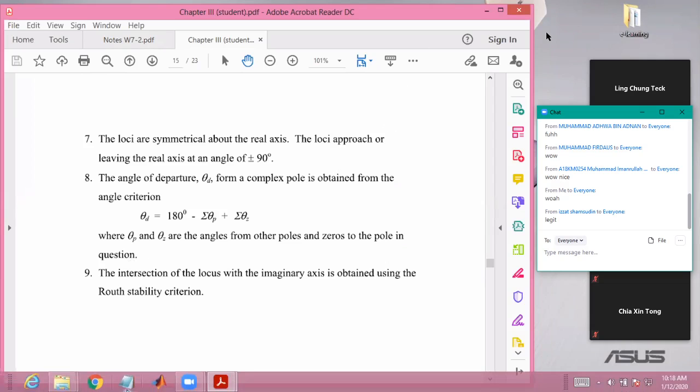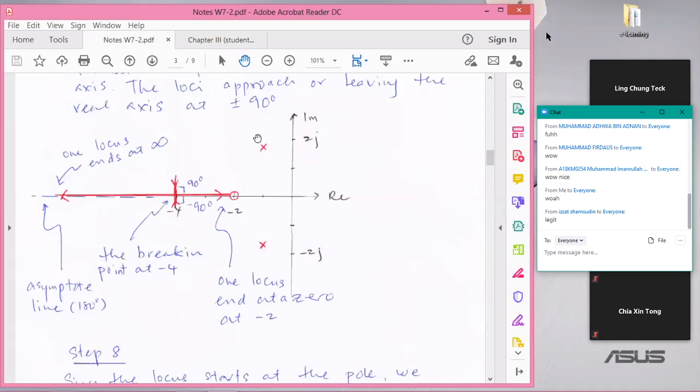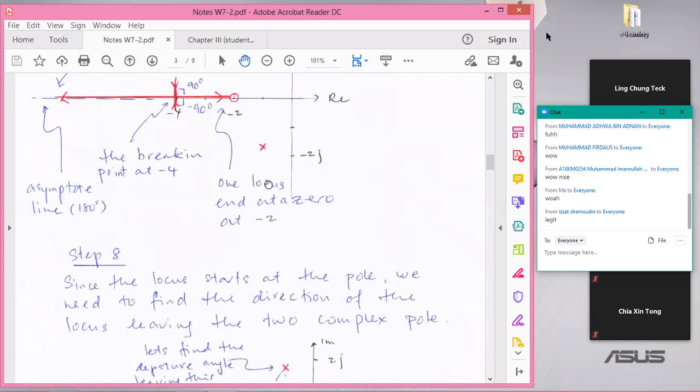For example, if you want to find the departure angle from the first pole here, you need to compute angles from other poles. You have one other pole and one other zero. And now you can compute that using the expression that is given in step 8. So let us take a look at the detail.